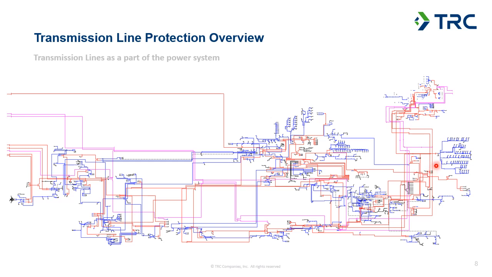Basically, a lot of these small vertical lines are substations, and the color-coded lines are lines of various transmission and sub-transmission levels, with the magenta pink lines representing a 345 kV system, the red lines representing a 115 kV system, and the blue lines representing our sub-transmission system.